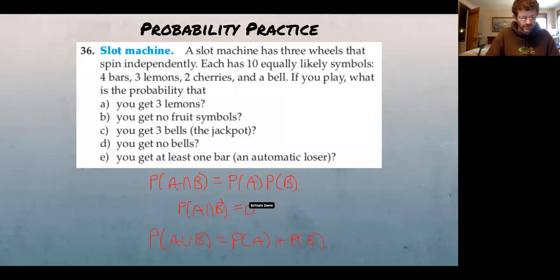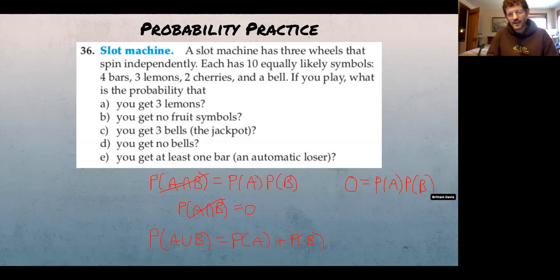So if we do a little bit of algebraic substitution, there is one case where two events can be mutually exclusive and independent, but that's only whenever one or both of the probabilities is 0.